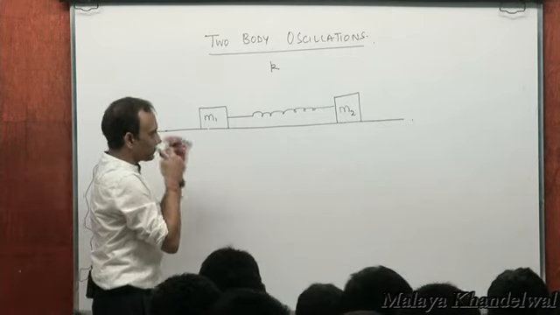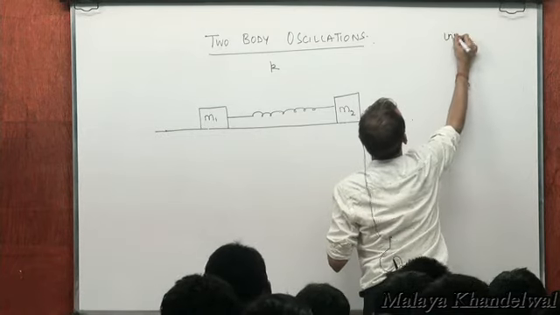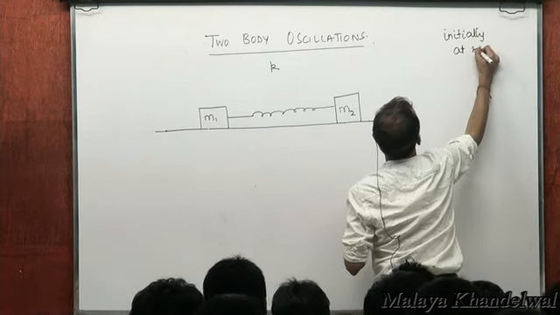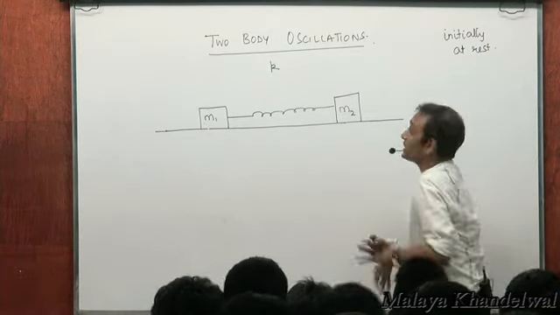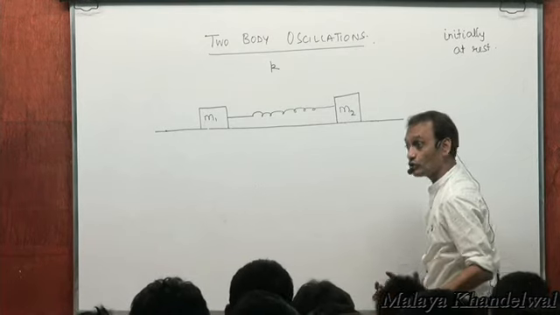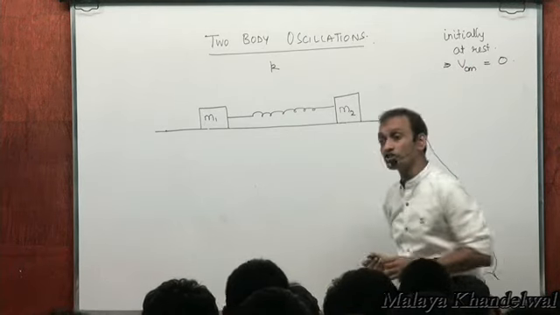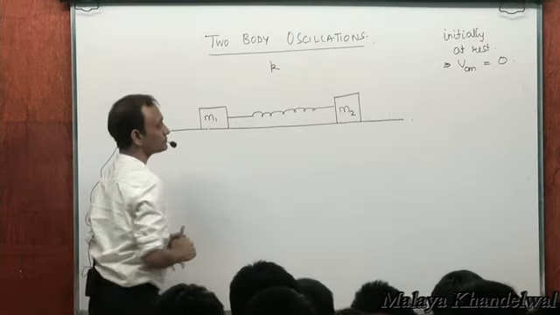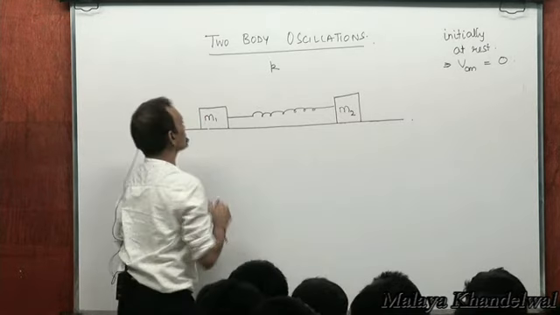Let's say the two masses are initially at rest. Therefore, their center of mass would have zero velocity, right? If the two constituents are at zero velocity, the center of mass will have zero velocity initially, right? And the spring is in its natural state. The spring is in its natural state.